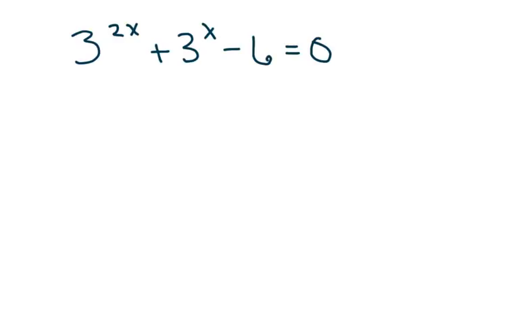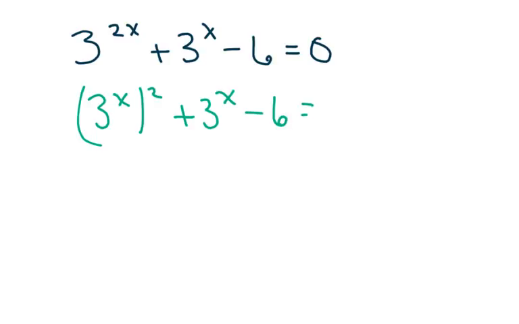Now, the technique you want to use for this is I'm going to rewrite this equation as (3 to the x) squared plus 3 to the x minus 6 equals 0. And what I'm going to do is let w equal 3 to the x.